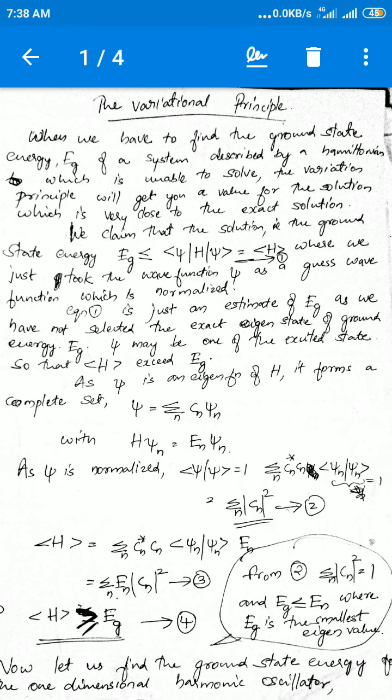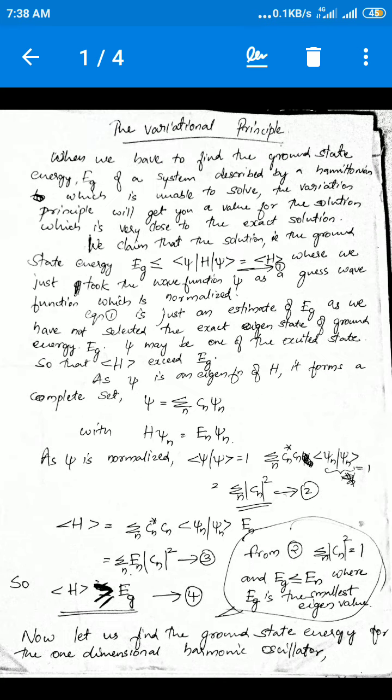So psi may be one of the excited states, so that the expectation of H exceeds Eg. If psi is a state which represents a higher excited state, then the expectation value of H in that state will always be greater than Eg, isn't it? That is why we say it can be equal to Eg or greater than or equal to Eg, the ground state energy.